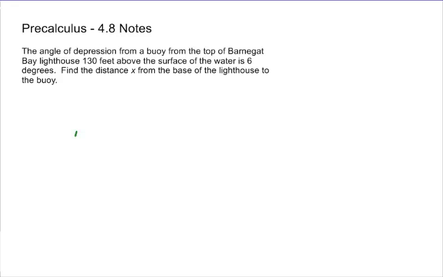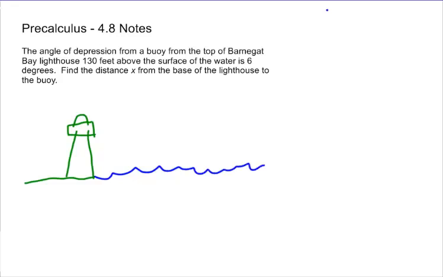On all these problems, you want to make a picture of what's going on so that you can have an idea of the triangle that you're going to use. So here's my crude lighthouse, and it's on the water, so we'll have some water here. And on the water is a buoy bobbing along. And so what we have is an angle of depression.